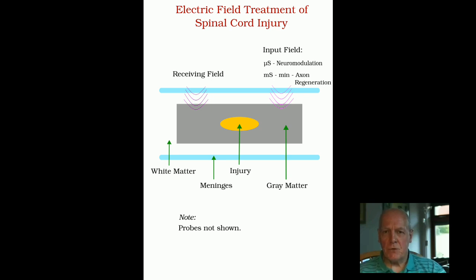Now, this type of signalling has a number of terms, but for the purpose of this video it's called neuromodulation. So neuromodulation involved short microsecond pulses to bridge across a spinal cord injury.